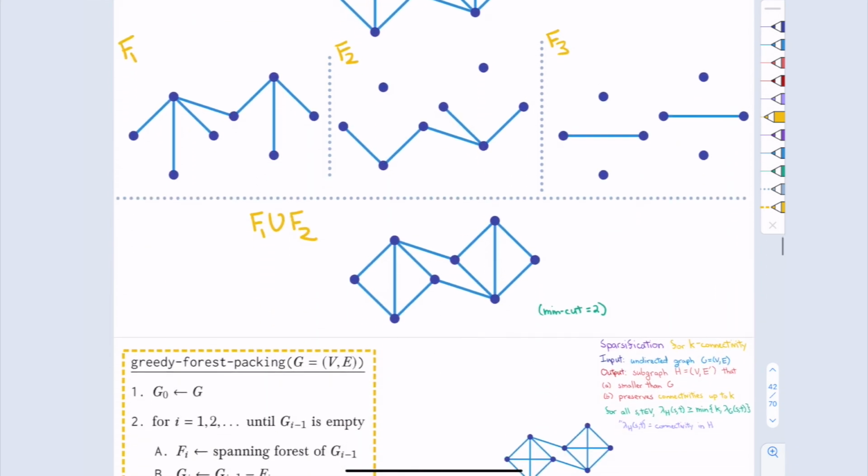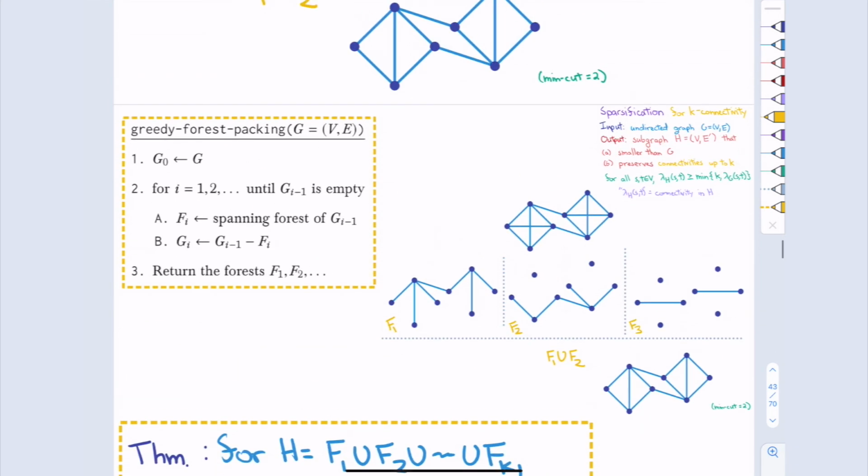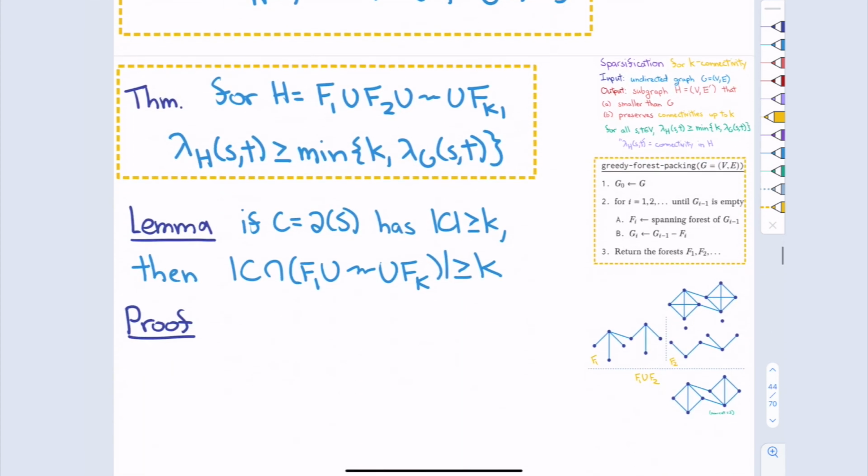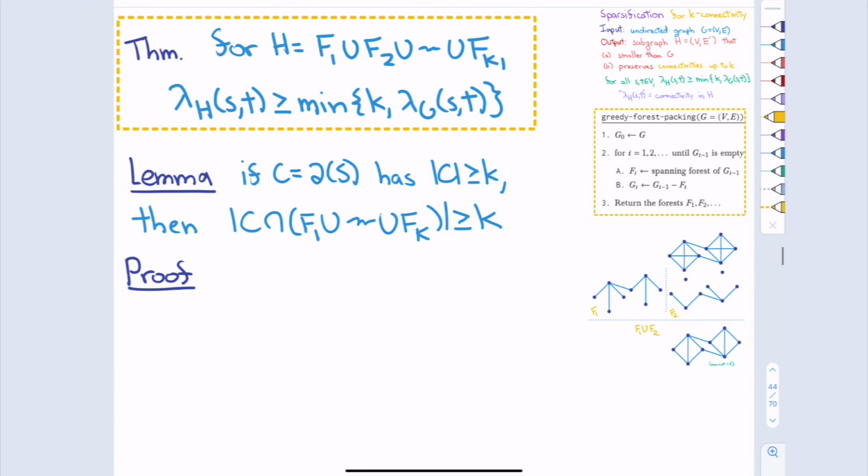Alright, so what's going on here? Let's prove this idea that the first k forests will preserve connectivities up to size k. This is what I alluded to earlier in terms of spanning trees and connectivity clashing together. So here then is the lemma.